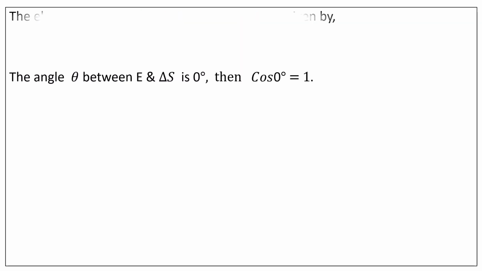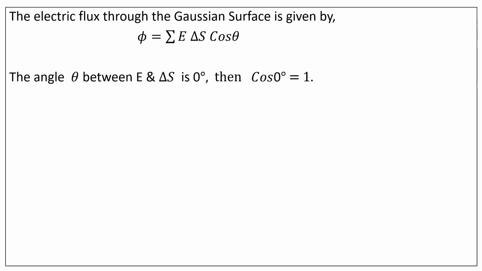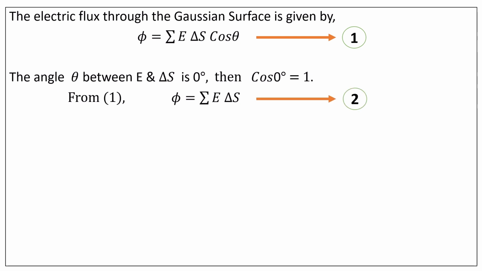The electric flux through the Gaussian surface is given by phi is equal to summation of E into delta S cos theta. Equation number 1. The angle theta between E and delta S is 0 degree, then cos 0 degree is equal to 1.